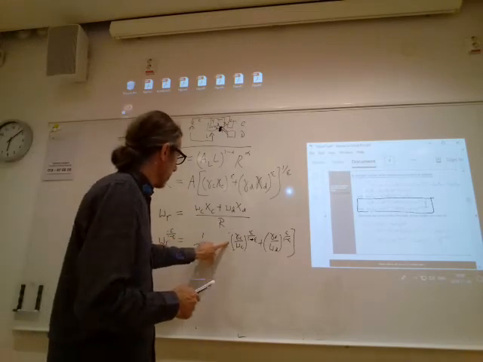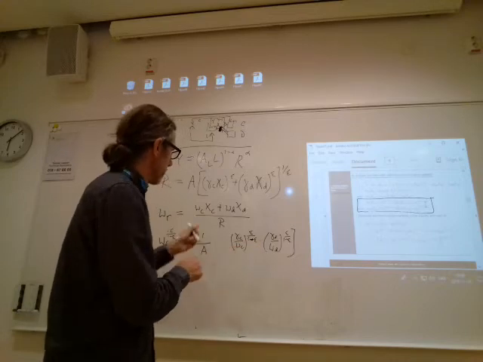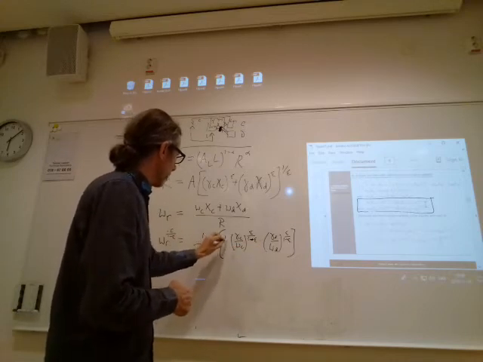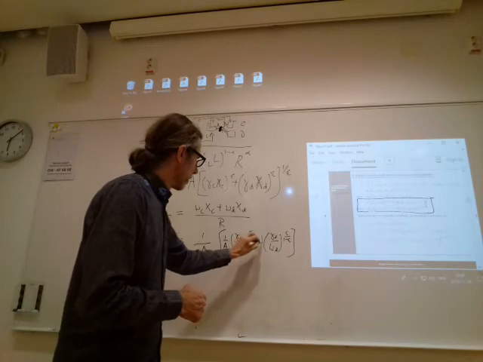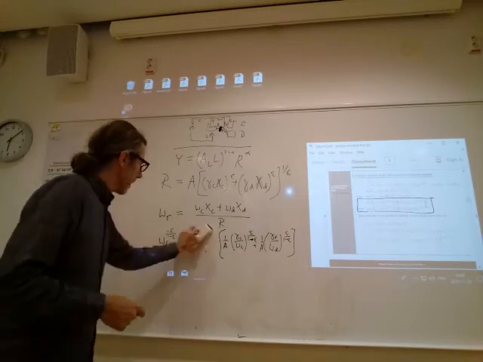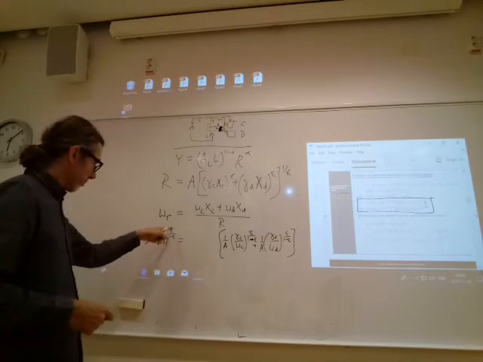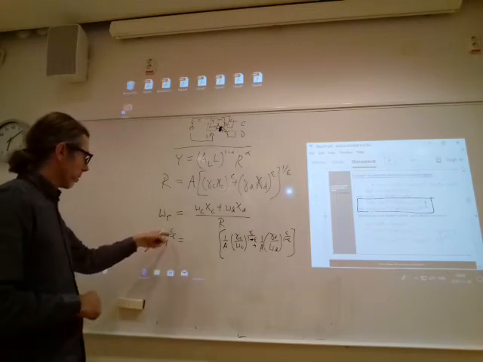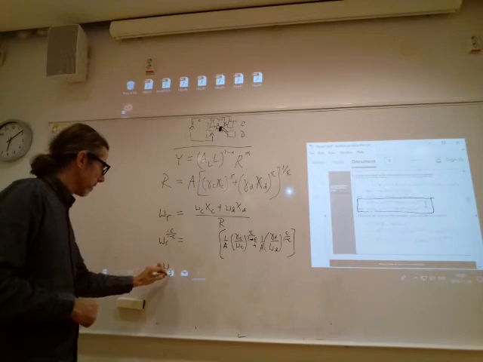Then we can take the A inside and say 1 over A plus 1 over A, and then raise to the power of minus (1 minus epsilon) over epsilon to get WR.